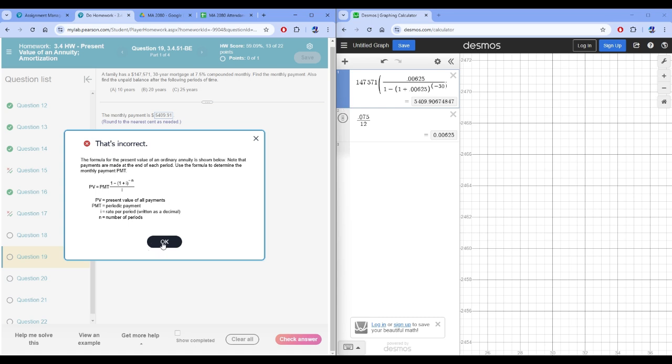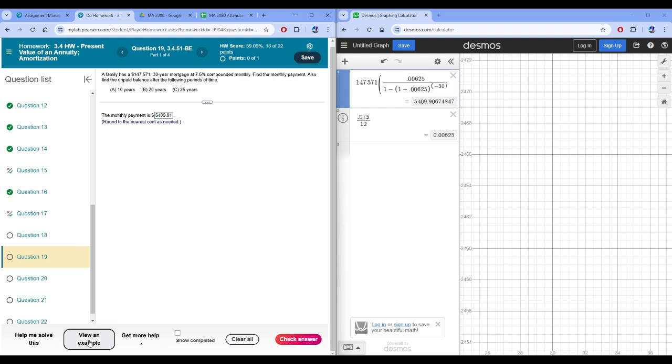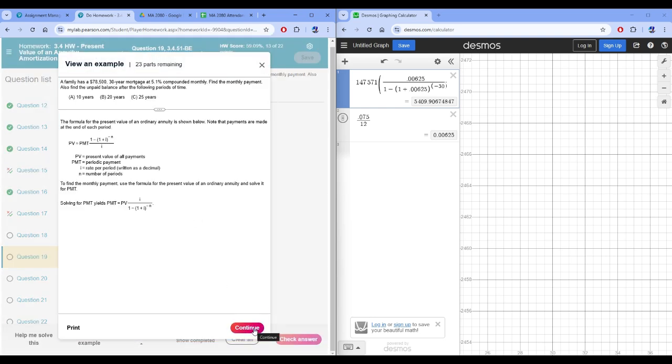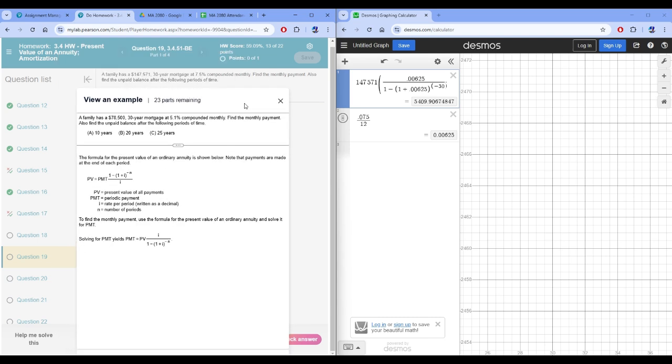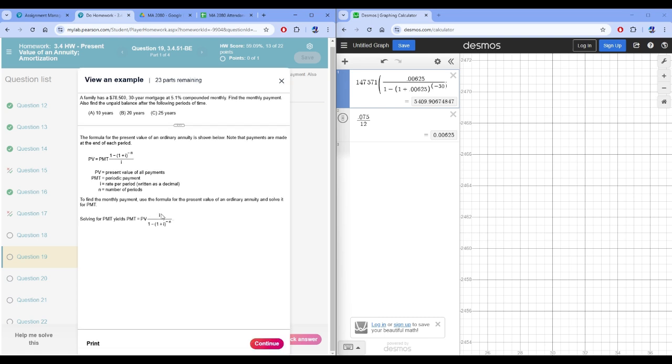Oh my God. 0.075 divided by monthly. 1 minus 1 plus that raised to negative 30.